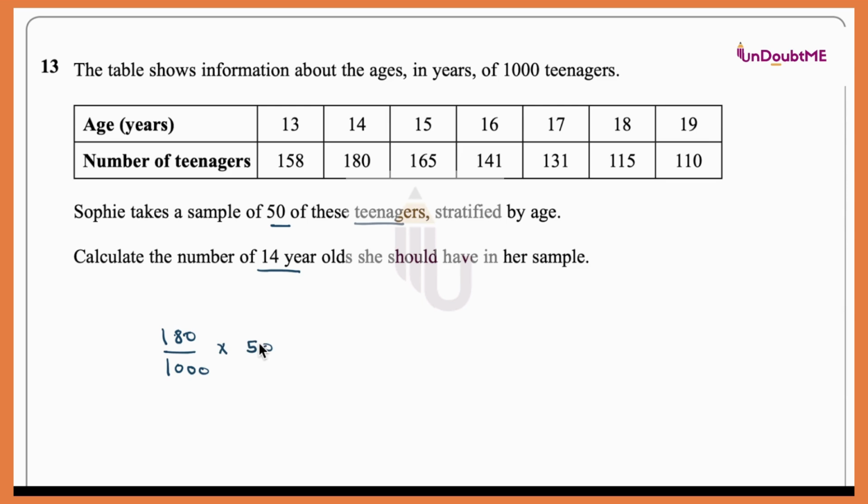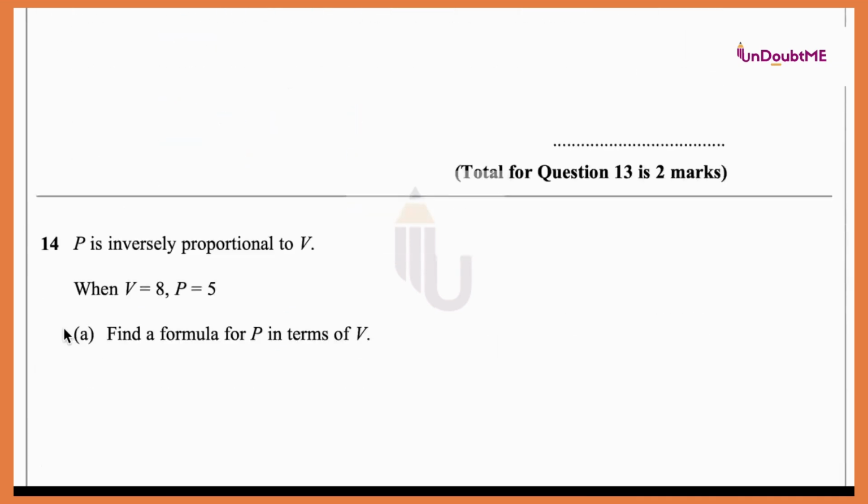So out of 50, how much will it be? We can just do this calculation. It will be 180 divided by 1000 times 50, and that comes out to be 9. So that's the answer. Very easy.